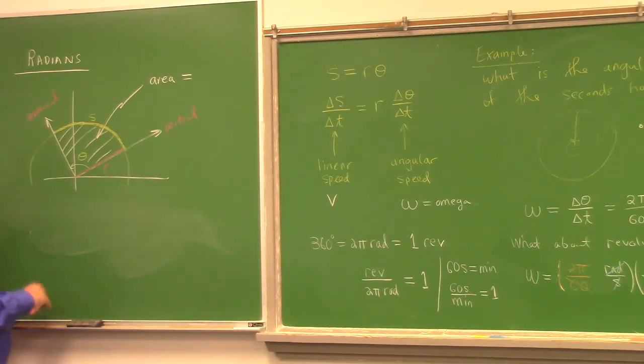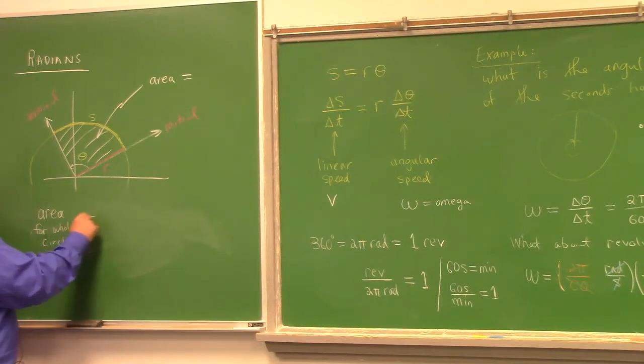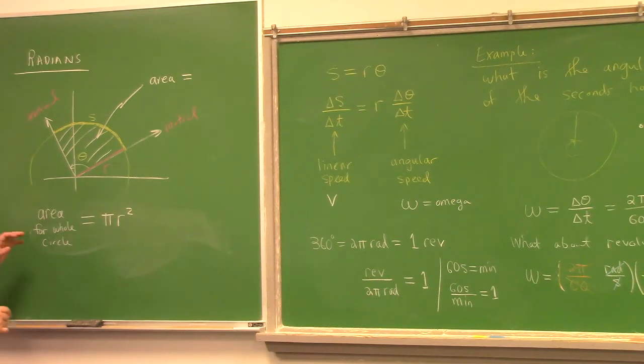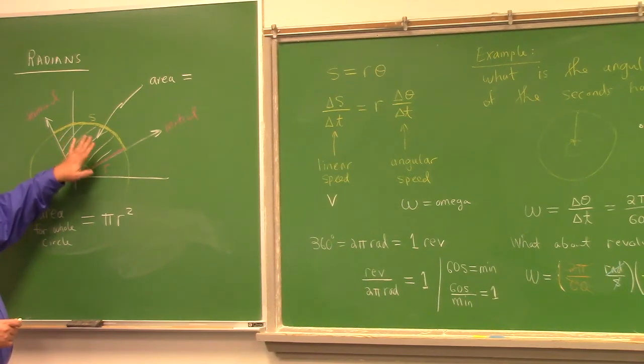So how about this? For the whole circle, the area of the disk, the filled in circle, if you will, we know that that's pi r squared, right? So to figure out the area of a sector, you need to multiply by the fraction of the circle which is described by that sector, right?